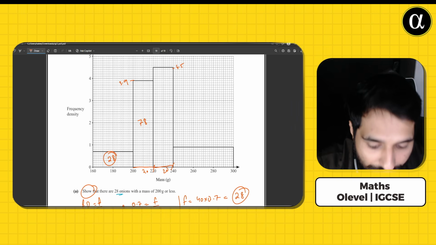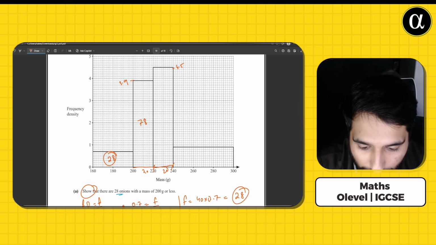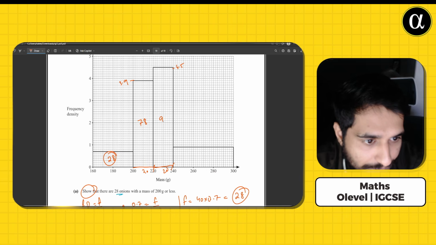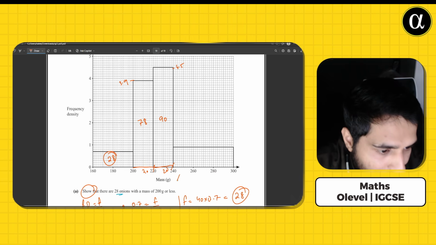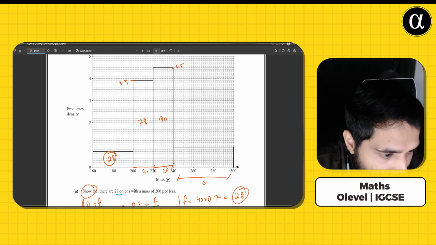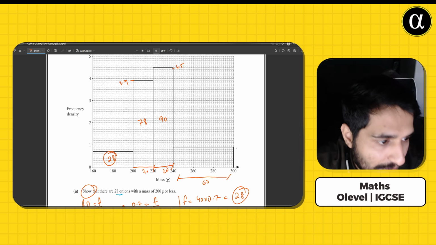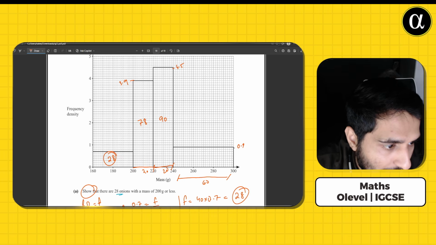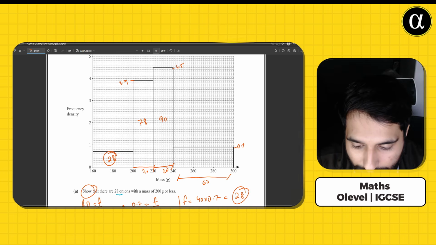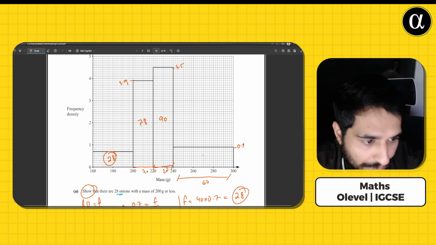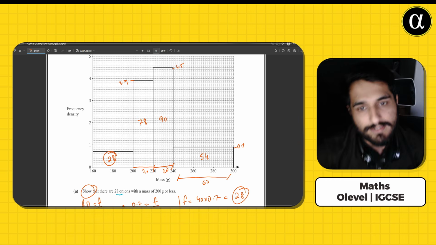So we would do 4.5 into 20, that is 90 for this case. And let's try for the last one. The class width is going to be 60 and the frequency density is 0.9. So when we multiply 0.9 into 60, this would give us 54. Now these are the frequencies.